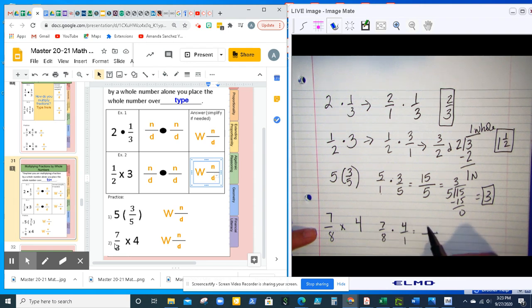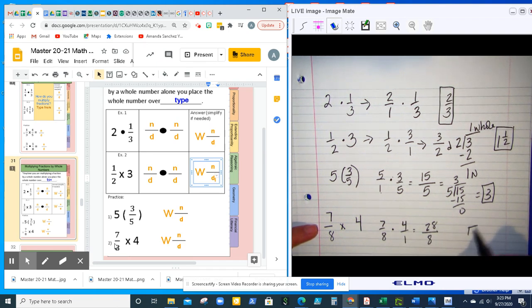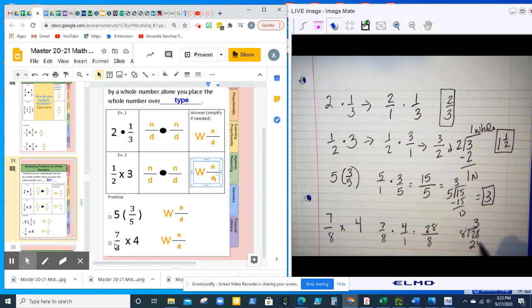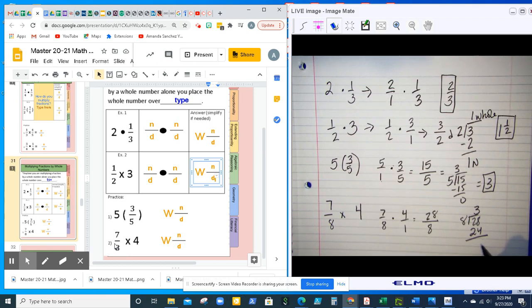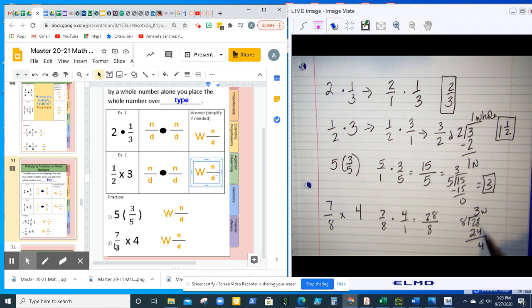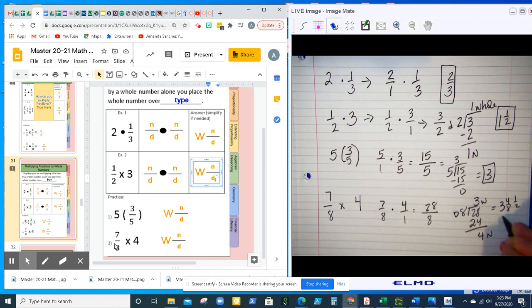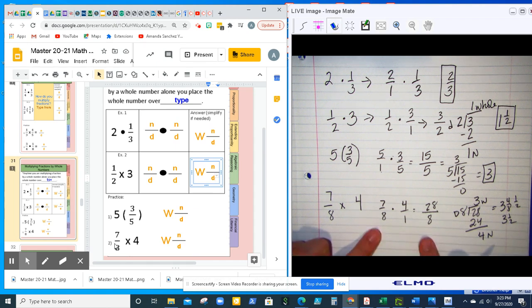So 7 times 4 is 28, and 8 times 1 is 8. 28 divided by 8. 8 can go into 28 3 times, which would be 24, and then you're left with 4. So this is the whole number, numerator, denominator. So 3 and 4/8, which simplifies to 1/2. So 3 and 1/2.